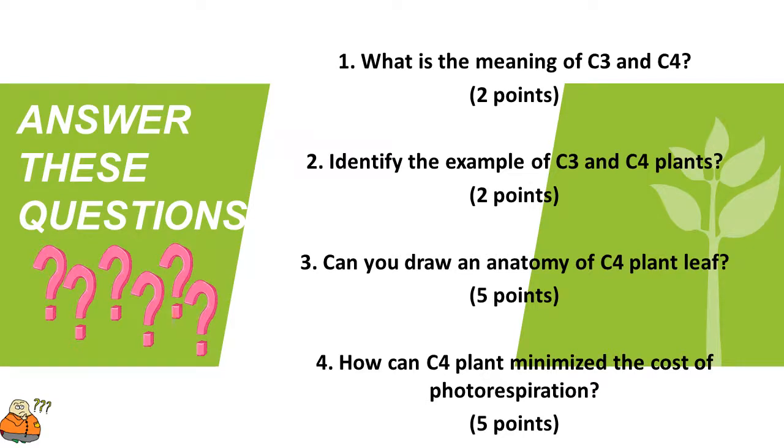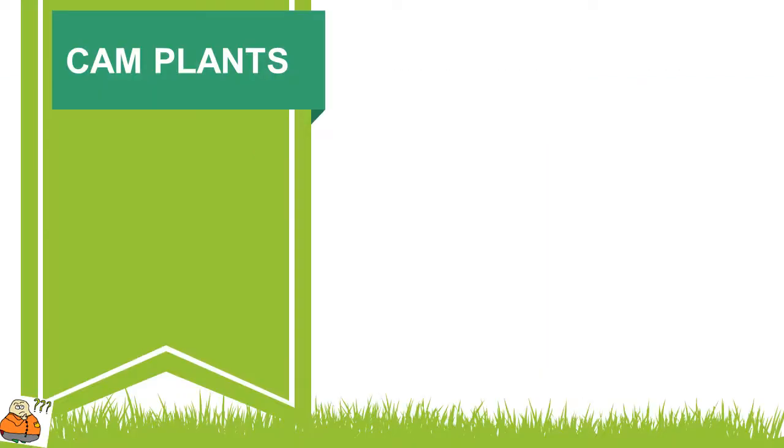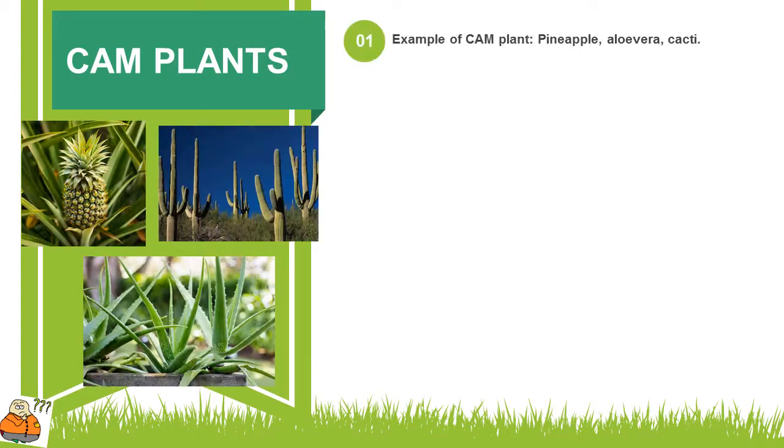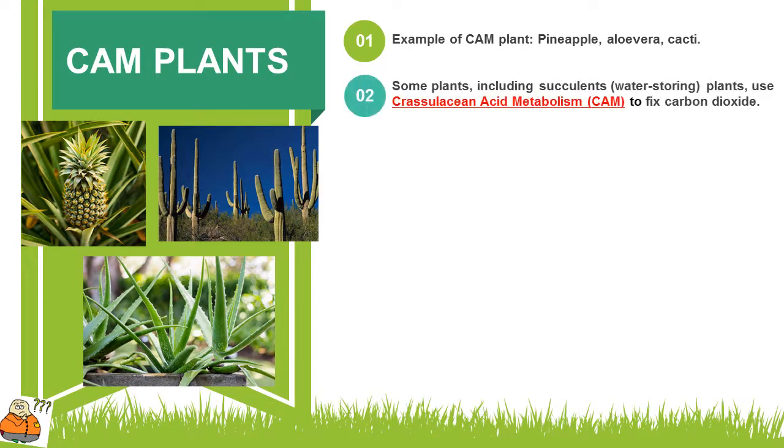The second group of plants that evolved to minimize photorespiration by maintaining a high carbon dioxide level using stored carbon dioxide in the form of organic acids is the CAM plant. CAM stands for crassulacean acid metabolism. These plants include succulent, water-storing plant types, for example cactus, pineapple and aloe vera.